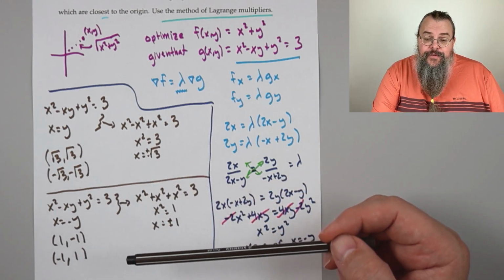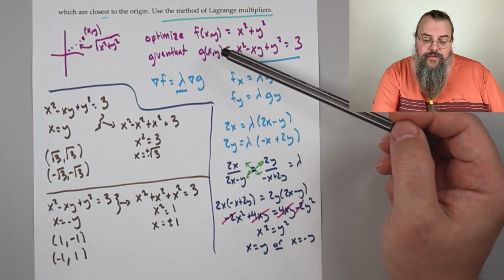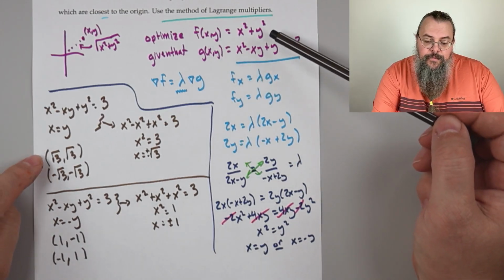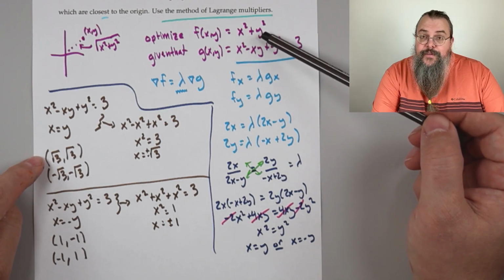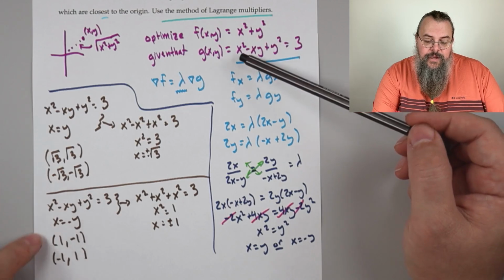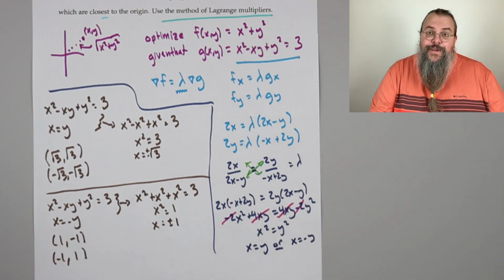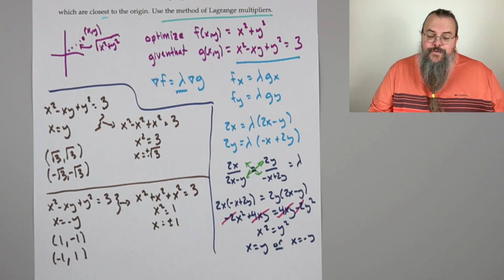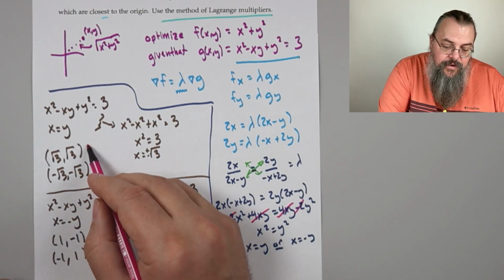But which one's closest? We're trying to make the function f as small as possible. When we plug in root 3, we'll get 3 plus 3, 6. Here we'll get 3 plus 3, 6. Here we'll get 1 plus 1, 2, and 1 plus 1, 2. So the closest ones are the ones which are smallest. So we'll just make some notes here.